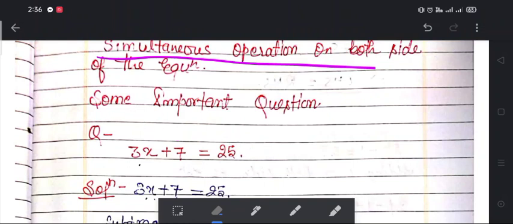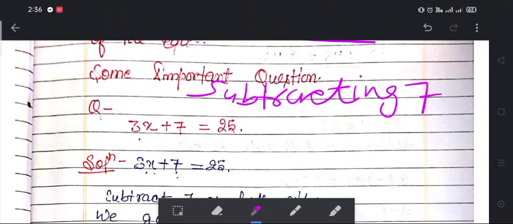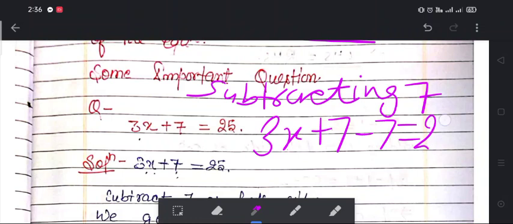So first of all, subtracting 7, we write 3x plus 7 minus 7 is equal to 25 minus 7.